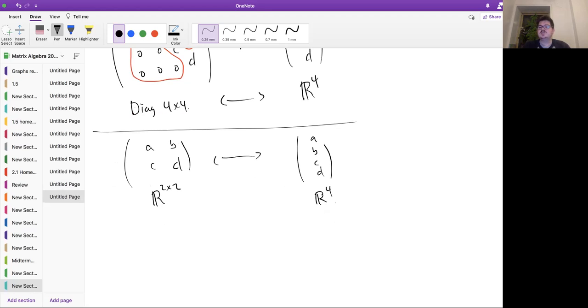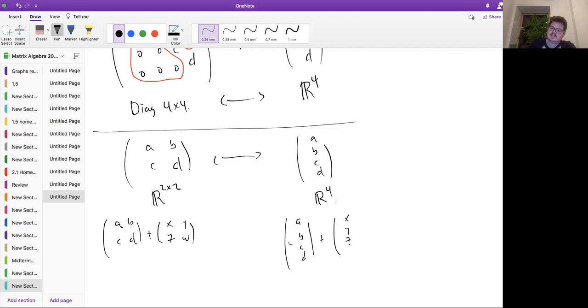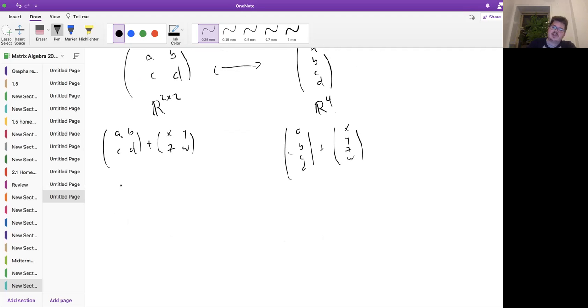All the scalar multiplications carry over. Let's do an example: A, B, C, D plus X, Y, Z, W. Do you see why they're essentially the same? Yes, no?